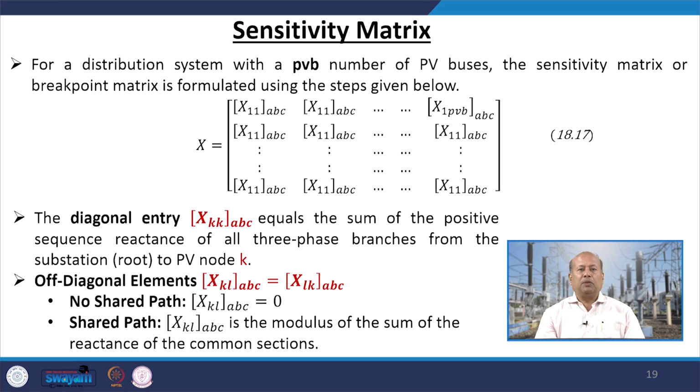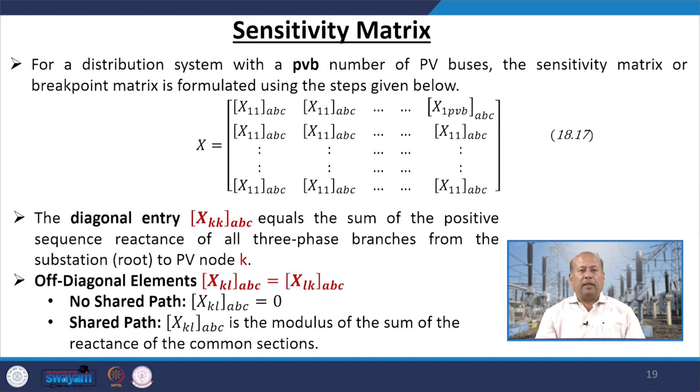Now, further we need to determine the sensitivity matrix for a distribution system with a PVB number of PV buses. The sensitivity matrix or the breakpoint matrix is formulated using the steps given below. We can have 18.17, that is the X matrix.